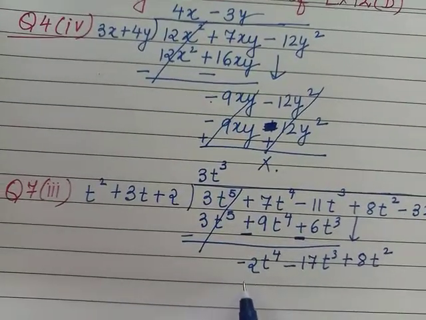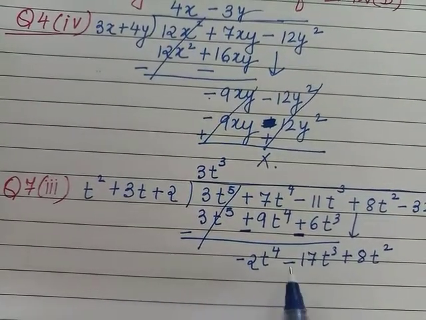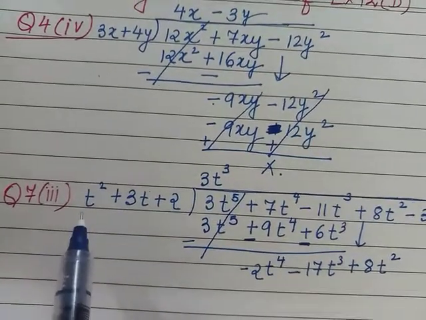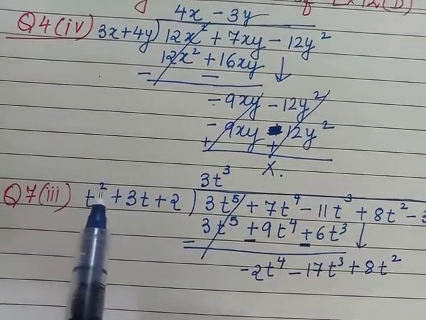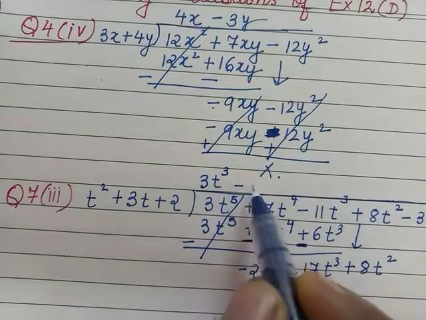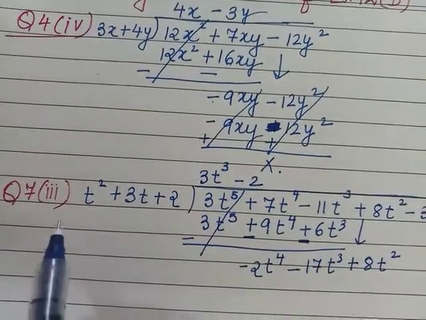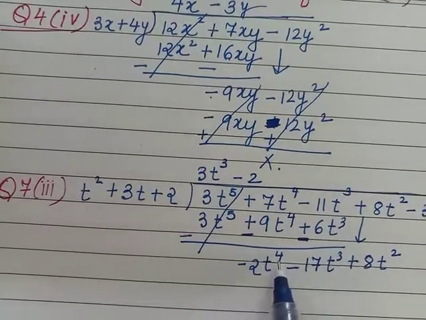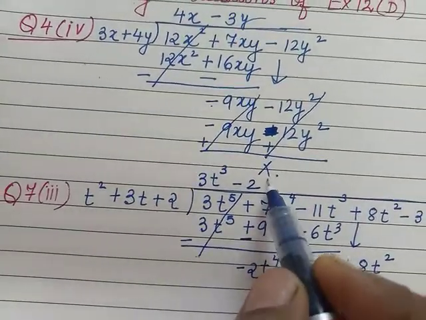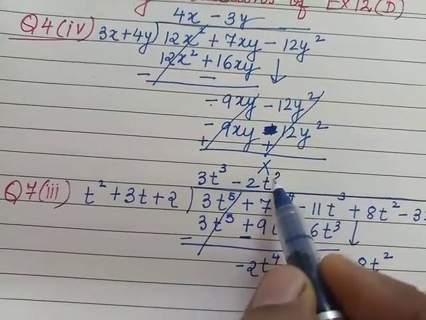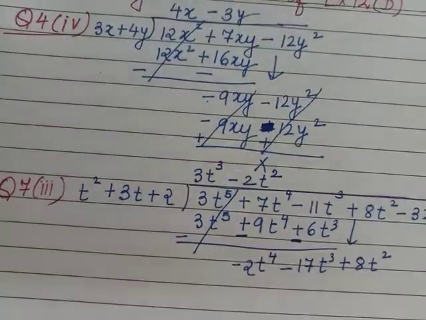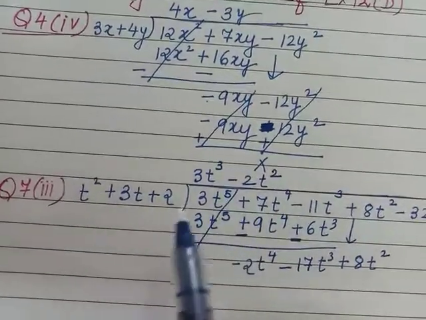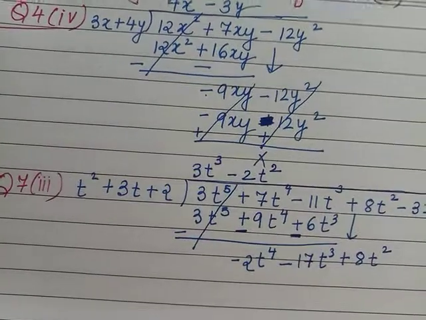Now we want to eliminate minus 2t to the power 4. And here we have t square. So we need minus 2 firstly. Then t square when multiplied with the t square only, then we will get t to the power 4. So I write minus 2t square. Now we multiply with each term of the divisor.